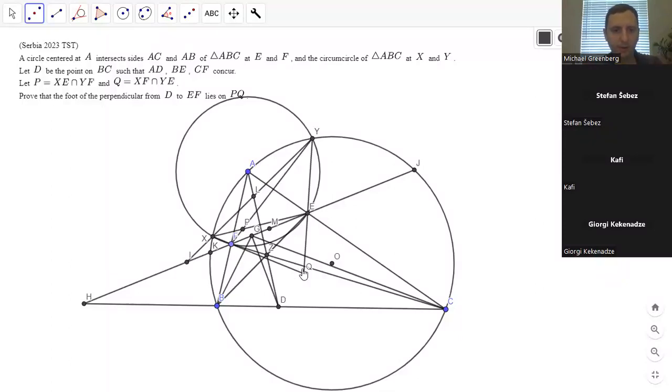Maybe it's better to redefine the problem, like let PQ intersect EF at G prime, and then we know that those aren't harmonic. So if we knew these were harmonic, what could we do with that?